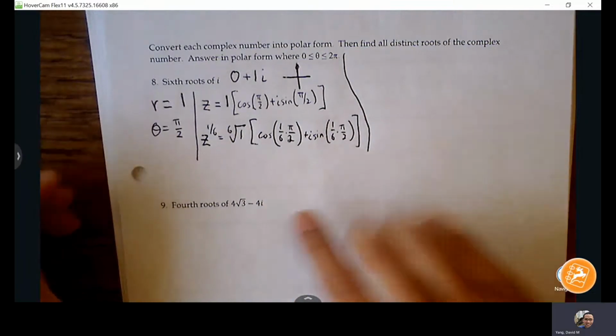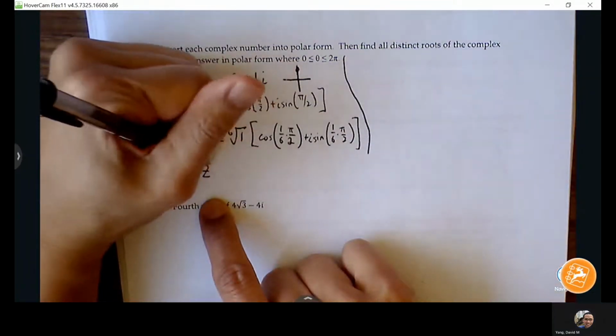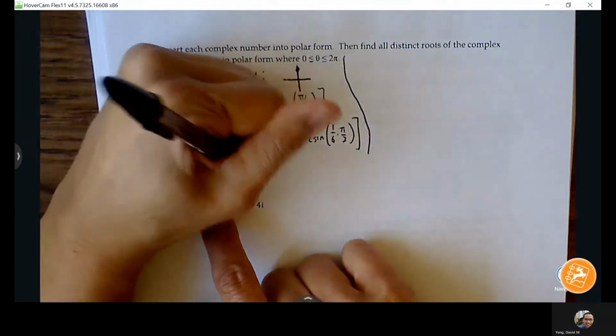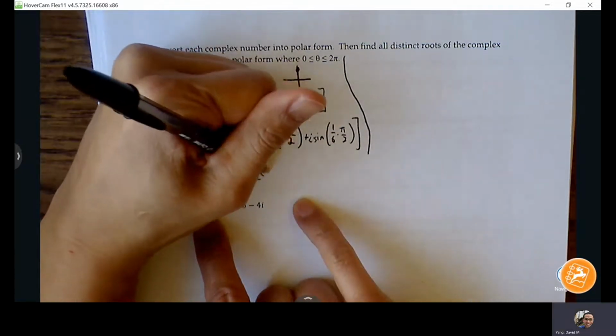Do a little bit of cleanup. Leave the cosine and sine alone.